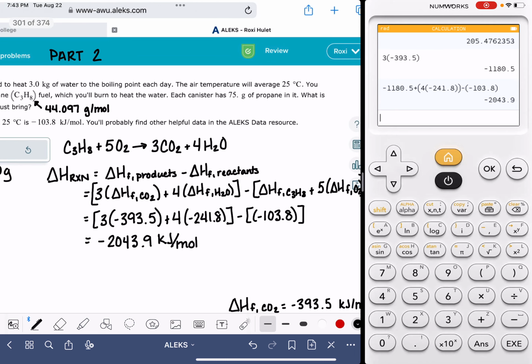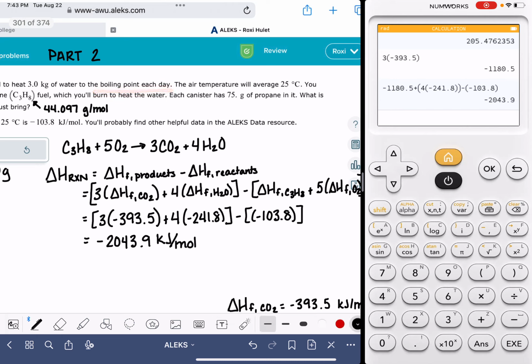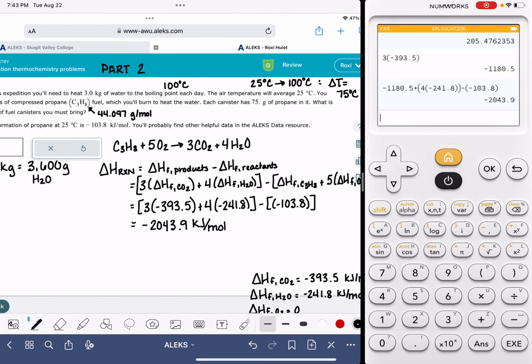It tells us that we're going to be heating it to the boiling point, which is 100 degrees Celsius for water. And it tells us to just assume that the water is going to be 25 degrees C. So that means that we are heating our water from 25 degrees up to 100 degrees. That is a change in temperature of 75 degrees.